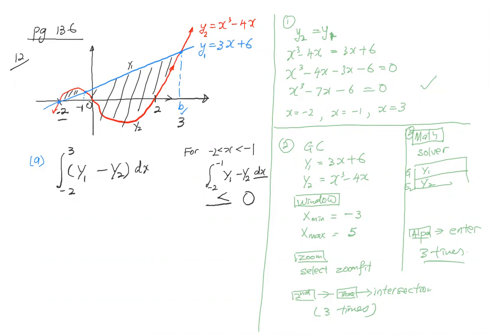So why is it less than 0? Emily? Yes, miss. Why is this one less than 0 for this interval? If I write y1 minus y2, I got the answer less than 0 here.